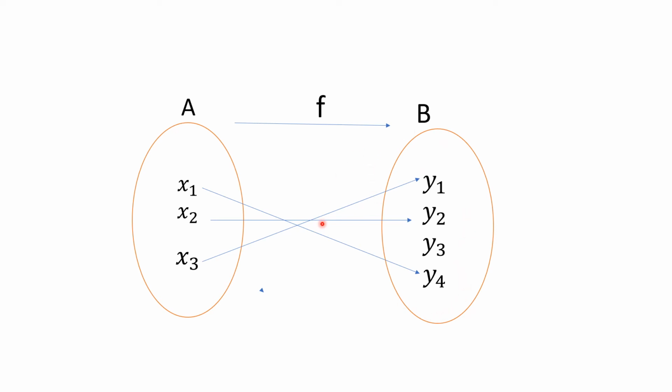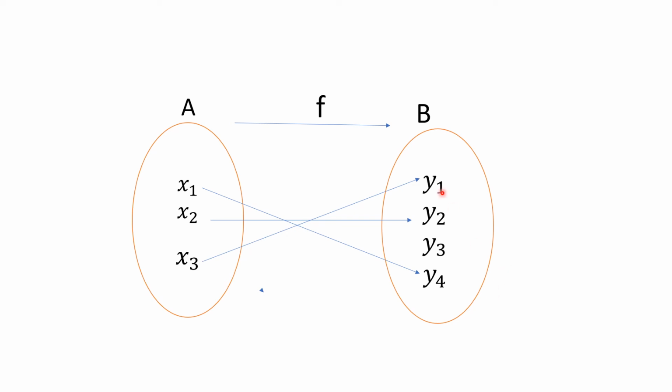Now here we notice that y3 has no pre-image in A. So y2 is in B, y3 is in B. Now the set {y1, y2, y4}, that is not including y3, is called the range set of that function f.